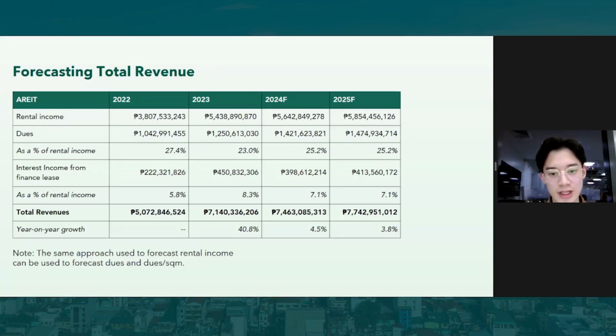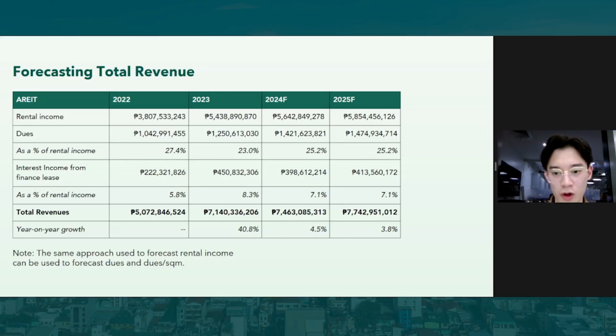Just to keep things simple, the assumption I used here is that the dues and the interest income from finance leases are a percentage of rental income. Essentially, I divided dues by rental income and divided interest from finance lease by rental income to arrive at the percentages you see below.